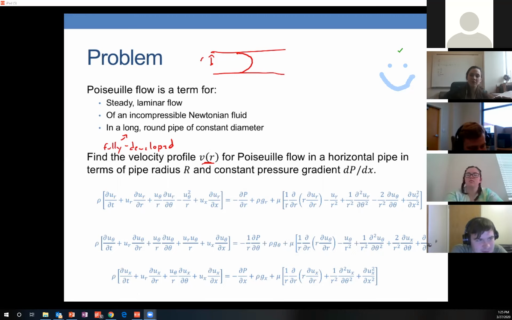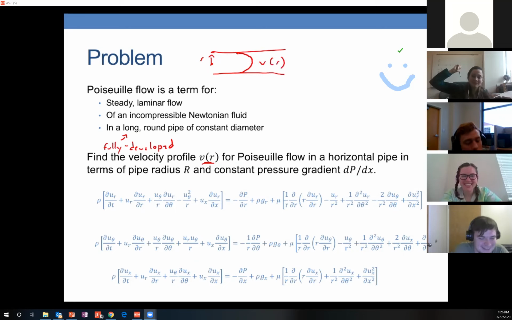It is called Poiseuille flow, which I am not 100% sure on that pronunciation because I mostly have just seen it written, but I think that is it. It's French. Anyway, we are going to find the velocity profile for Poiseuille flow, V sub z.